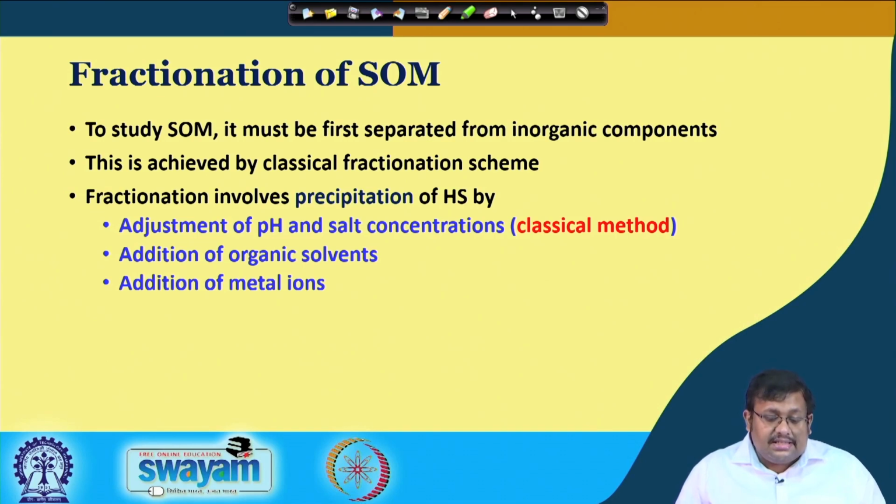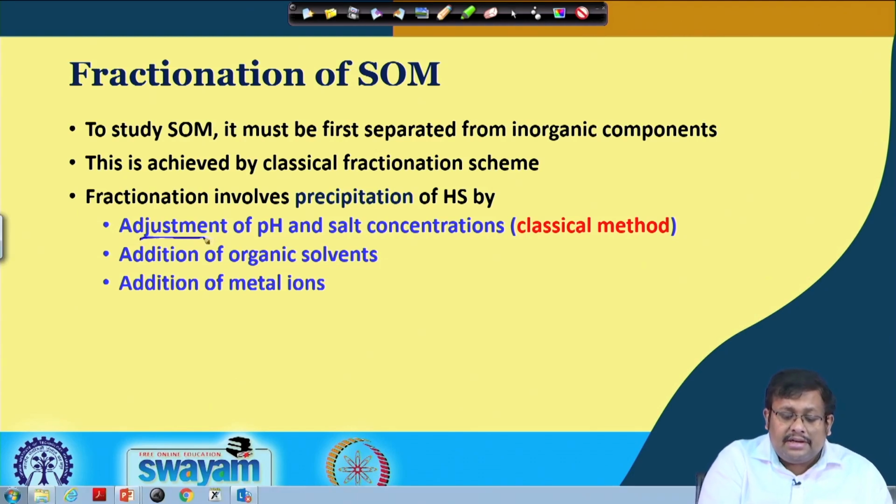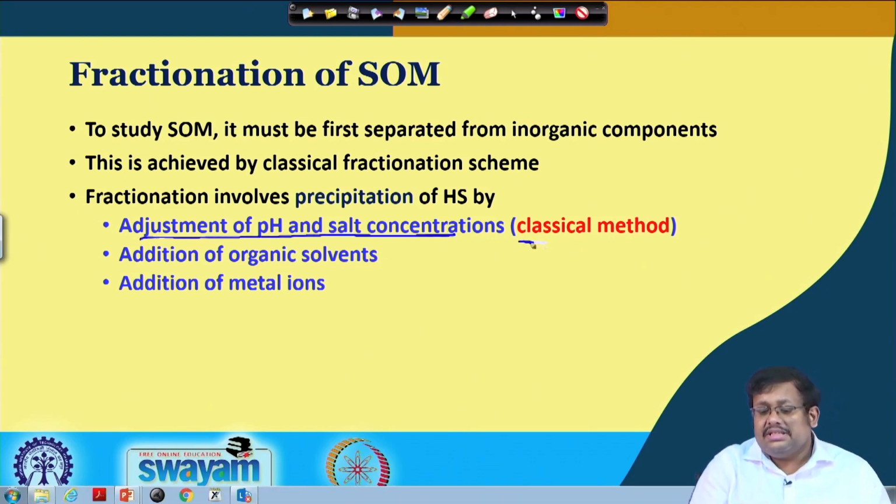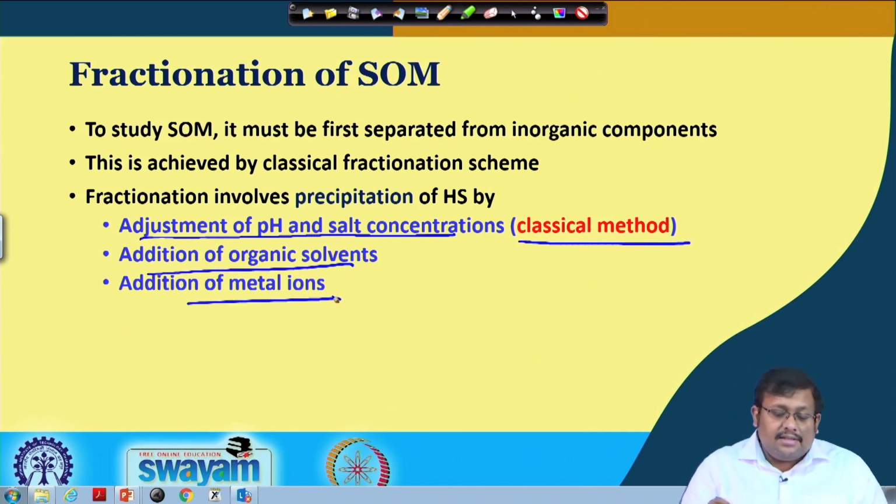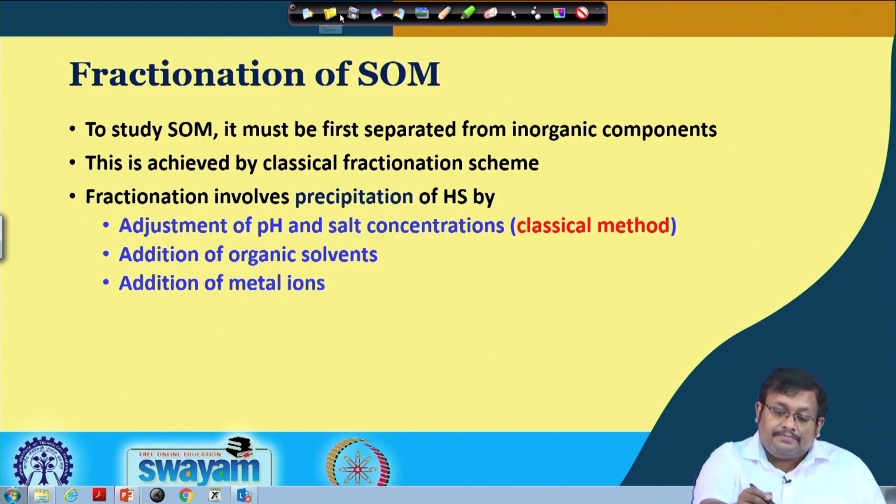Now, fractionations involve precipitation of humic substances by three ways: either by adjustment of pH and salt concentration, which is the classical method, or addition of organic solvents, or addition of metal ions. So, these are the three ways through which the fractionation of soil organic matter can be done.